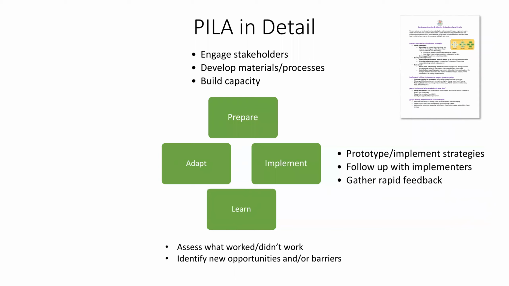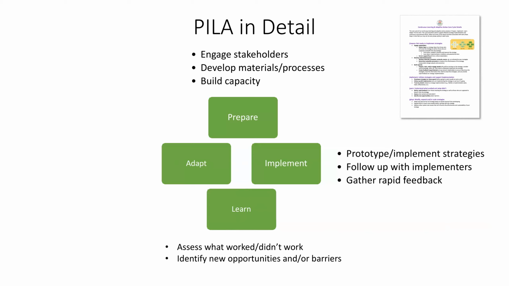But having learn here as a separate phase just reminds us that even if we do that while we're implementing, we also have to take time out after we've implemented whatever we were implementing to do some deeper reflection, so that we can really assess in a powerful way what is working so that we can continue to build upon that, but also what didn't work so well so that we can course correct, adapt, or expand our strategies so that we are on point towards making the changes that we want.